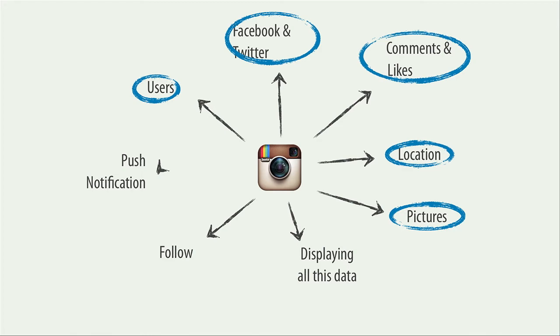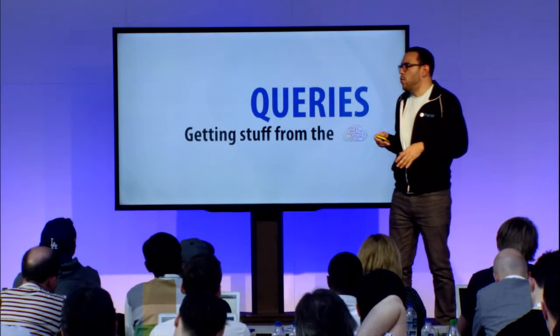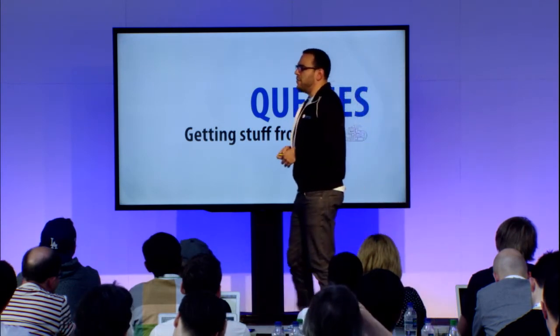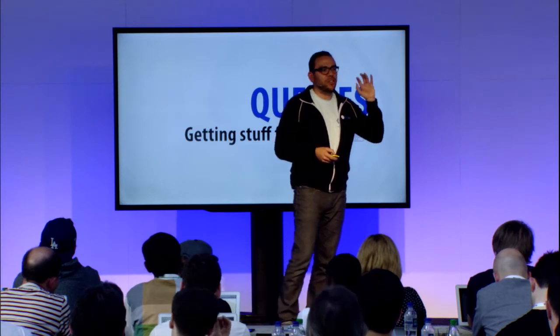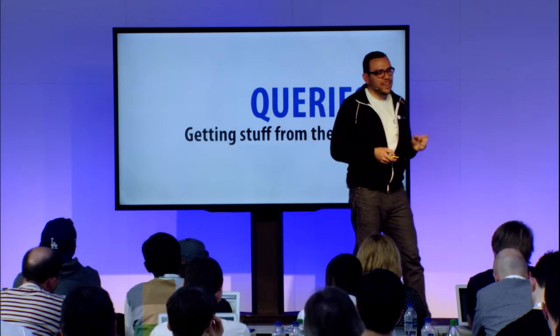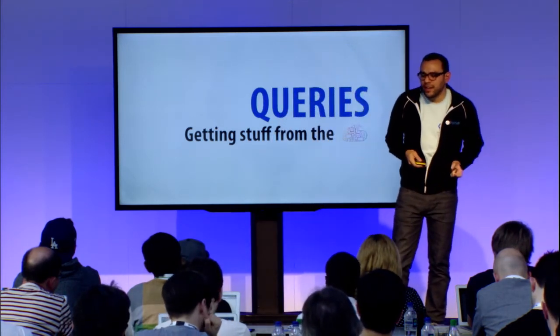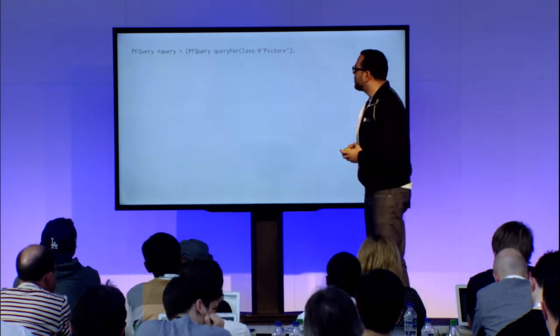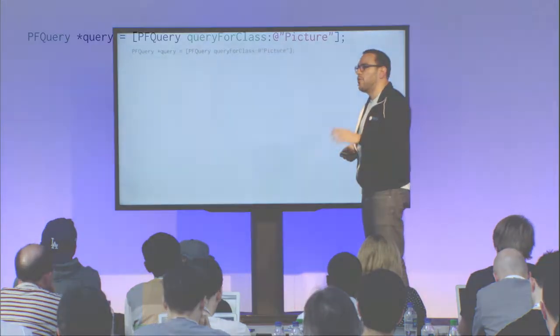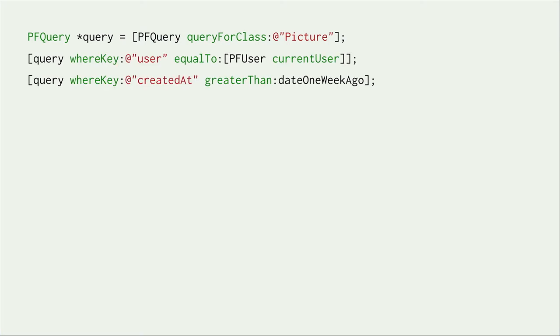So the way you do that with Parse is through queries. Queries are a very nice abstraction which allow you to just say, hey, I want to get pictures, and I want specific pictures with these properties. So with a PFQuery, you create a new one for pictures. Then you say, I actually want pictures that are associated with the user that's logged in.